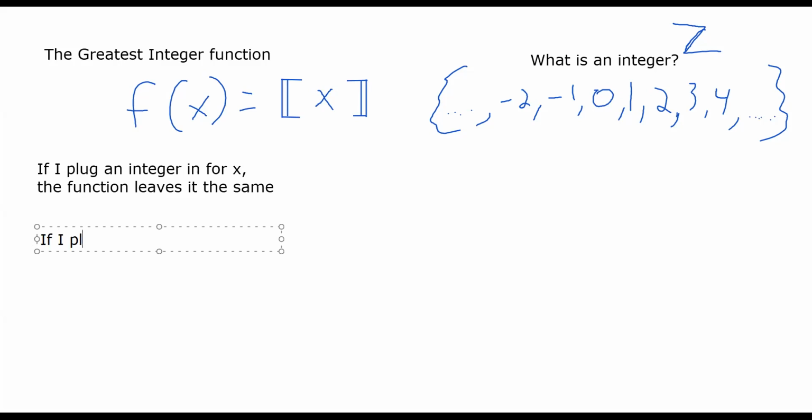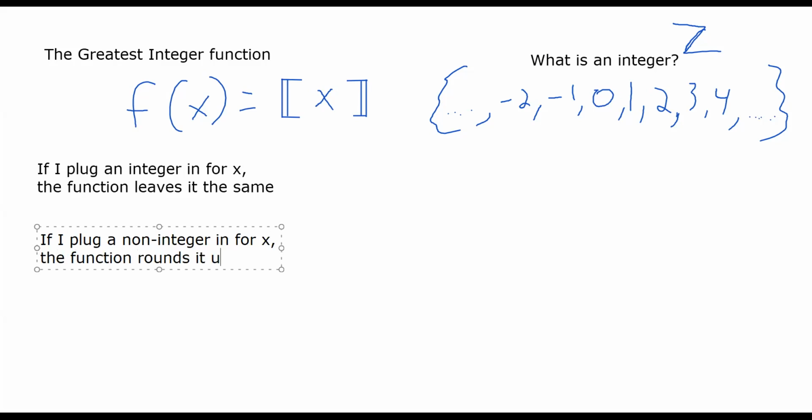If I plug a non-integer in for x, the function rounds it up, always up, not to the nearest, to the next integer. In other words, it's literally the greatest integer function. What is the greatest integer that is just above whatever you plug in?